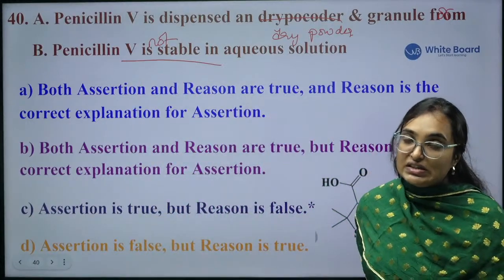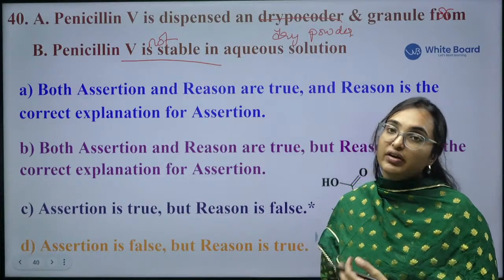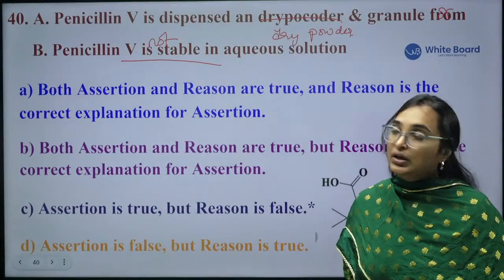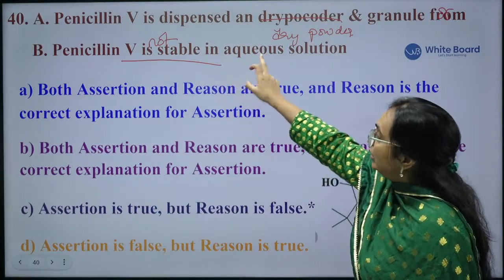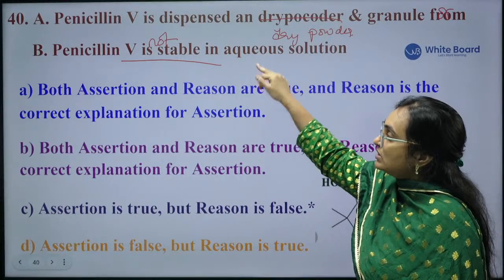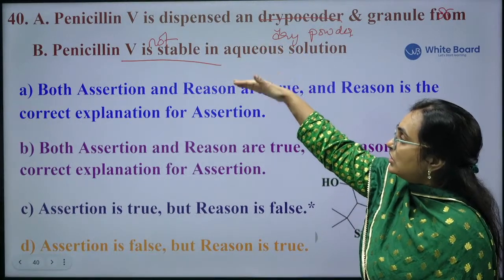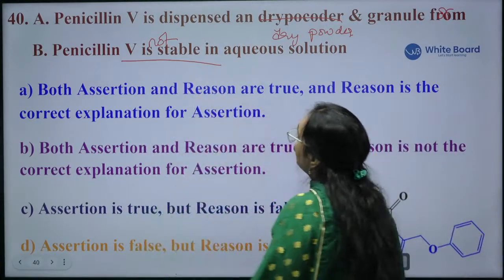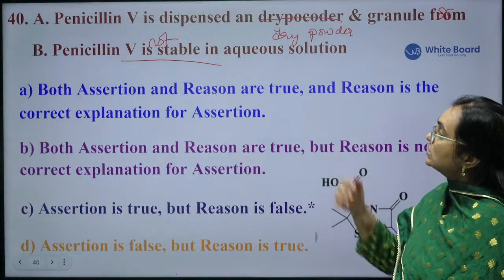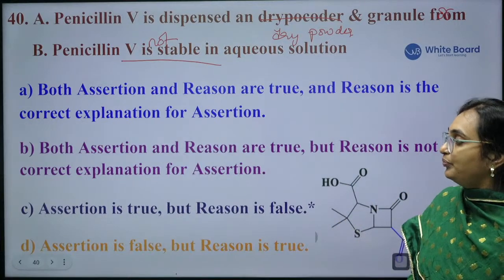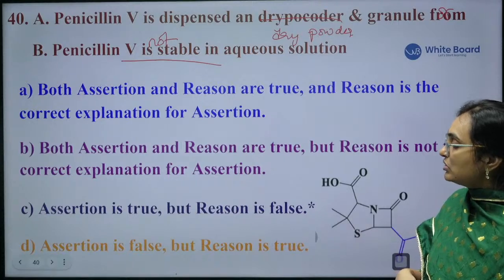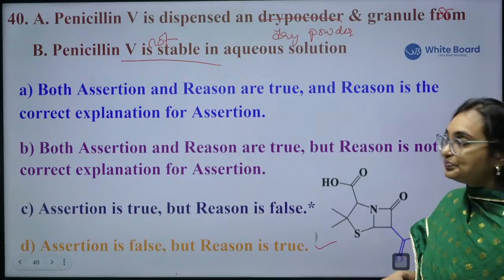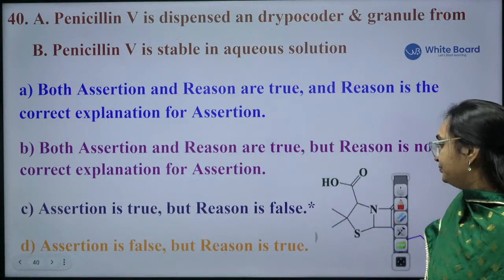Since it is unstable in aqueous solution, it is dispensed in the form of a dry powder or granule form. If it is not stable, then A is correct and B is the correct reason. But here it says it is stable in aqueous solution, so the assertion is false and the reason is true. Answer is D.